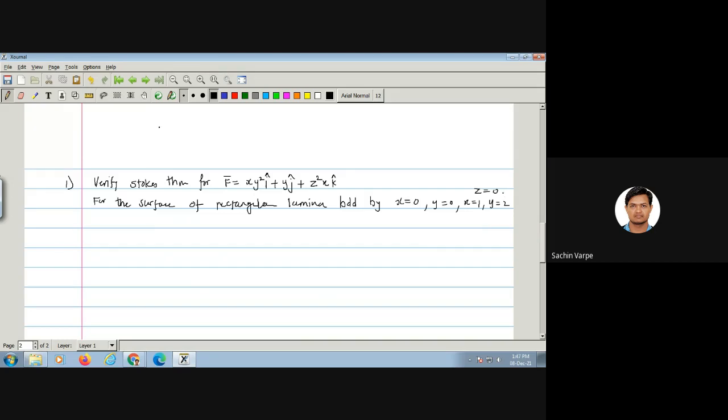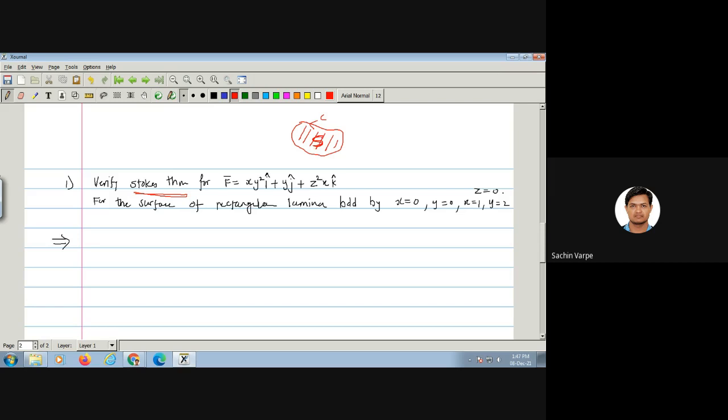So what is the surface given? Tell me. See, first of all, is this clear that we have been asked to verify the Stokes theorem? So Stokes theorem says the line integral over the closed curve C is nothing but the surface integral over the region or area S bounded by these closed curves. This is the Stokes theorem.